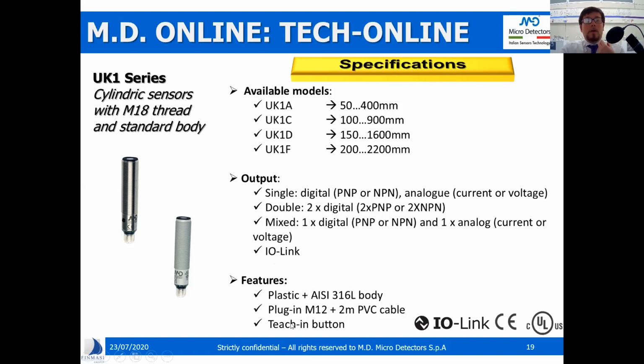And then about the adjustment, we have the comfortable teaching button on board. And then during the practical part of this lecture, we are going to show you how to set a sensor.